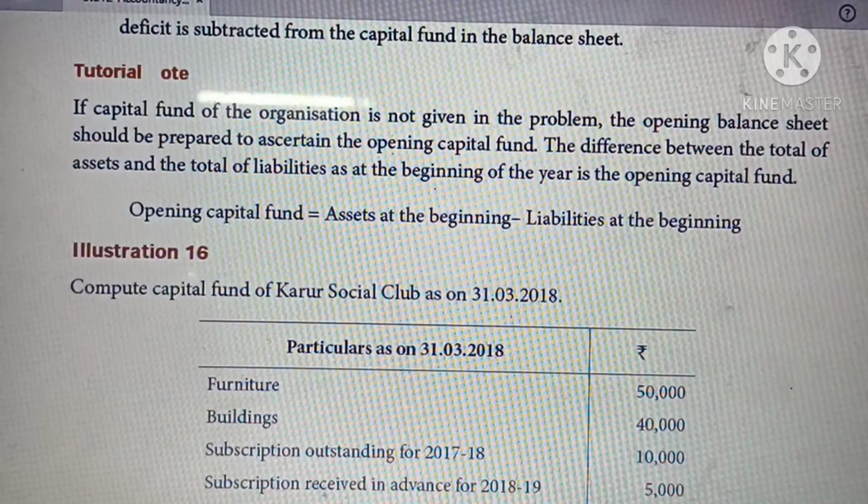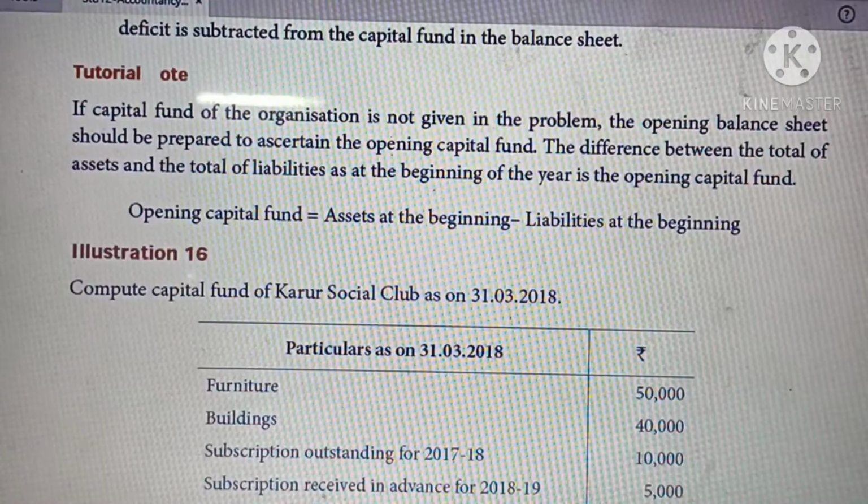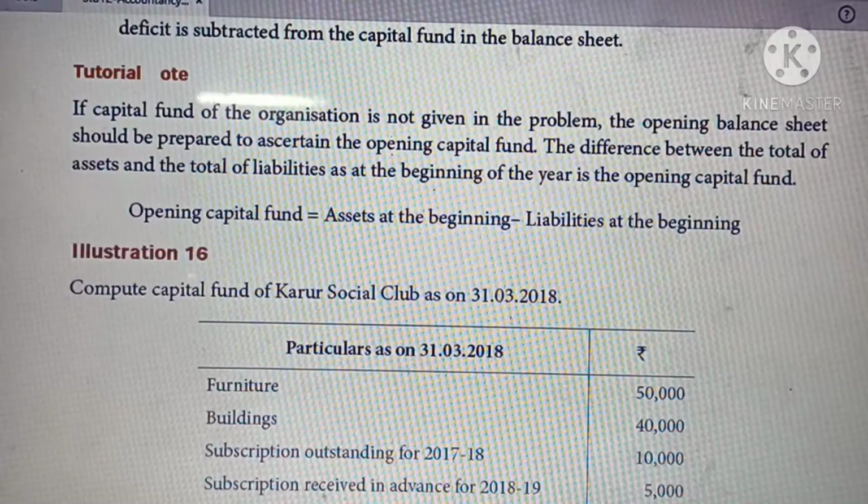In the first chapter, accounts from incomplete records, if sometimes they are not given an opening capital, then we have to prepare the opening statement of affairs. Through the opening statement of affairs, we have to find out the opening capital.